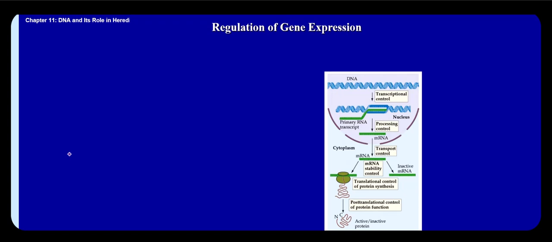So let's say, well, let's do this one. Let's say I have a molecule of glucose. And glucose is a molecule that we're going to spend a lot of time with. It can go two different directions. It can go to energy, or it can go to storage.